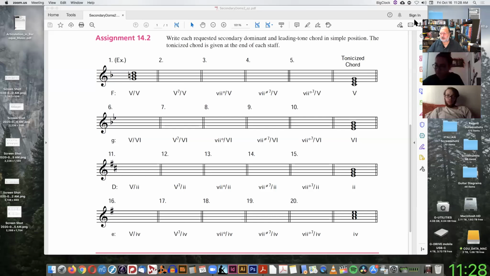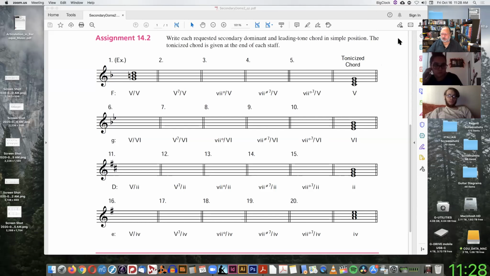Alrighty. Okay, we did example 1. Let's try example 2. G minor now. Okay. So now we got to think about our scale.